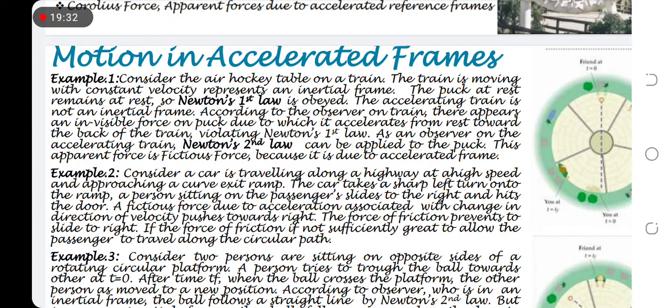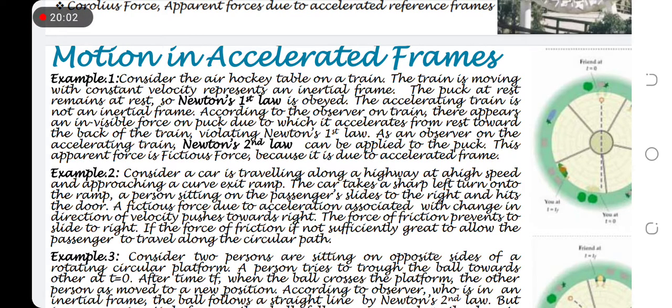So, a table on the moving train with uniform velocity will be an inertial frame of reference too. So anything placed on the table will be at rest and remains at rest.